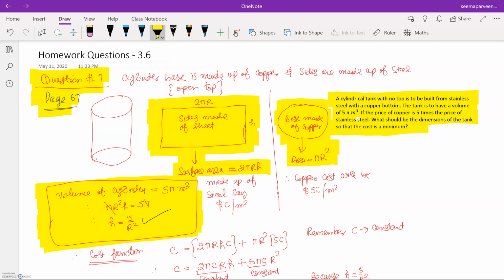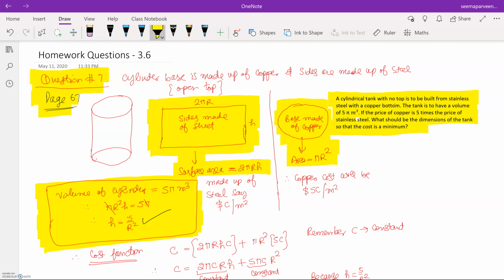Now the question says the cost of stainless steel is 1/5 the cost of copper, or copper is 5 times the cost of stainless steel. They didn't give us any value for the cost, so some people will start using copper $5 and stainless steel $1, or you can assume $2 for stainless steel per meter square, and then the cost of copper sheet will be $10 per meter square.